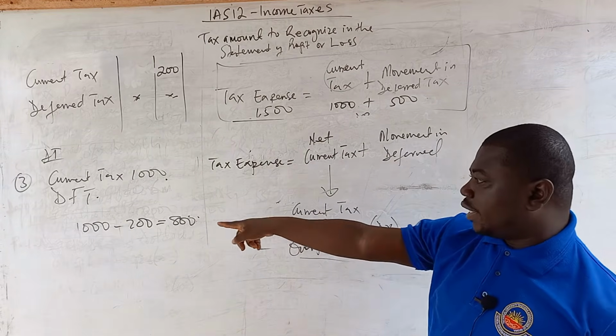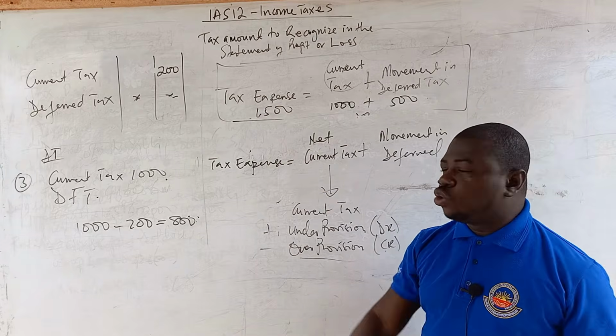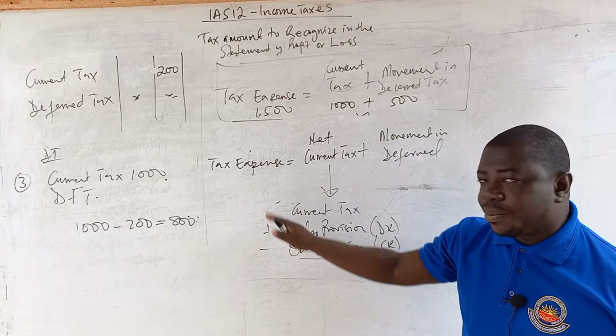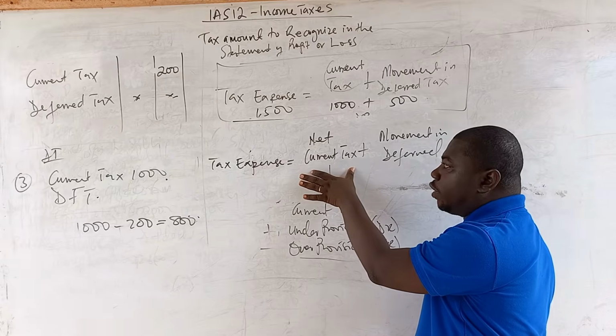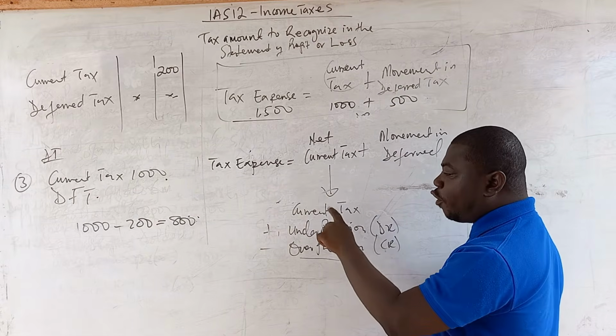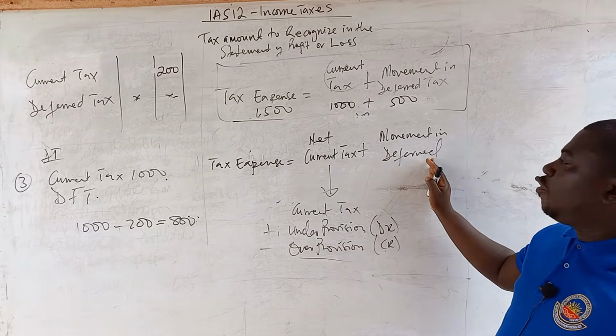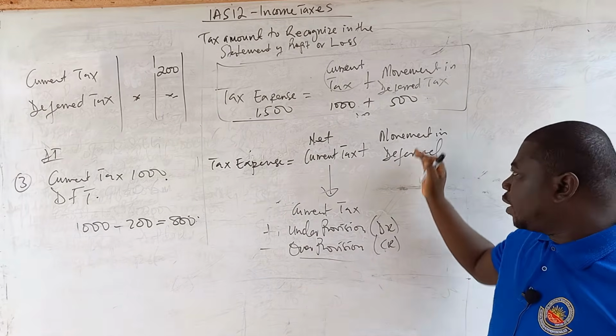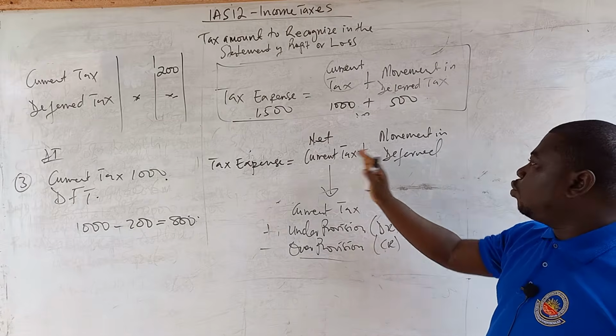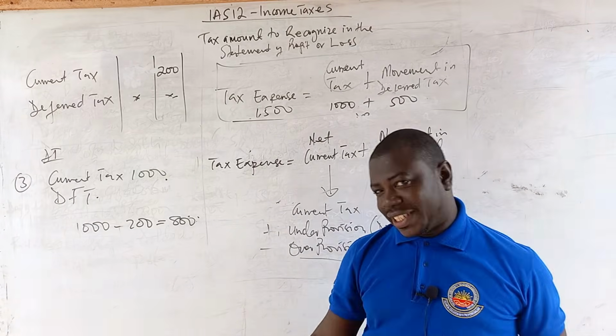You add to the current tax before you get the net current tax. So to get your net tax expense for the period, you need to estimate your net current tax by adjusting for under or over provision of tax first. Then you go and look for your movement in deferred tax as another working. Adjust that as well. And when you have added the two, you have your tax expense for the year.